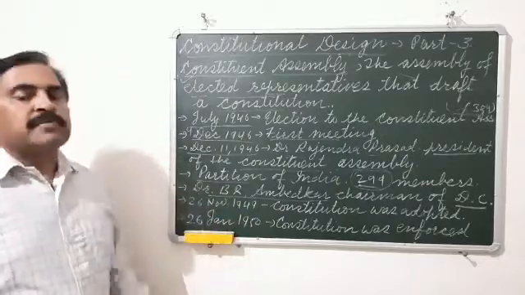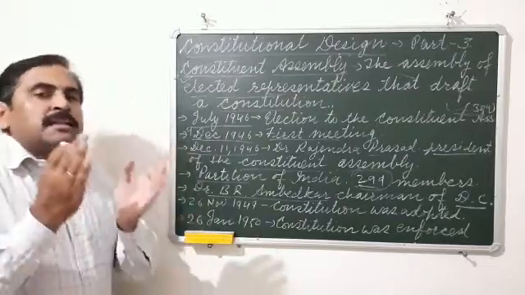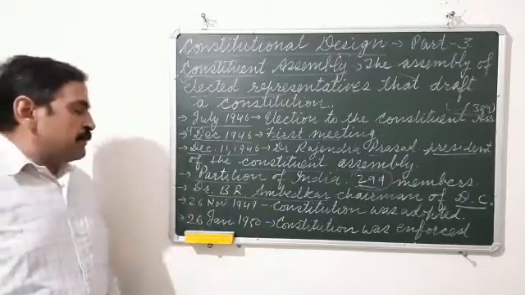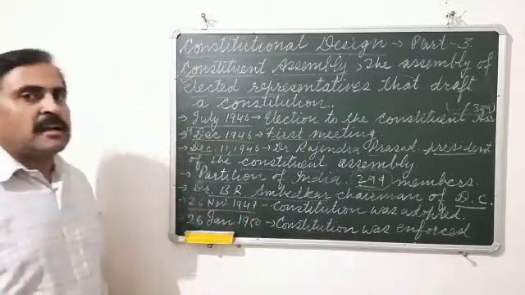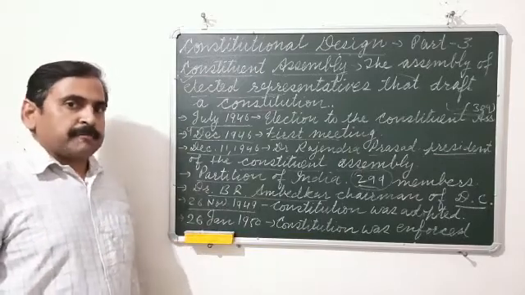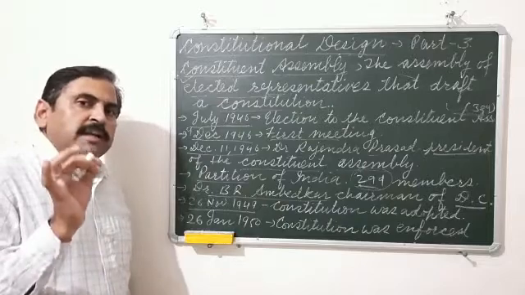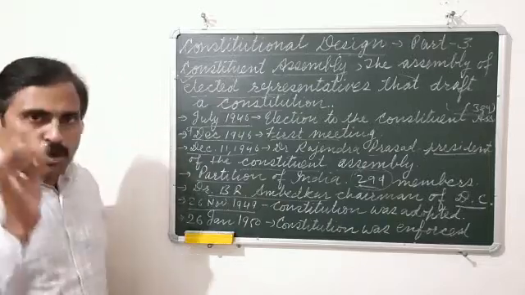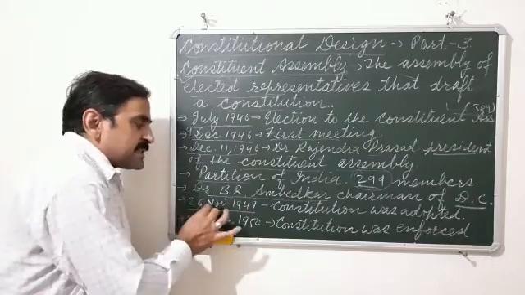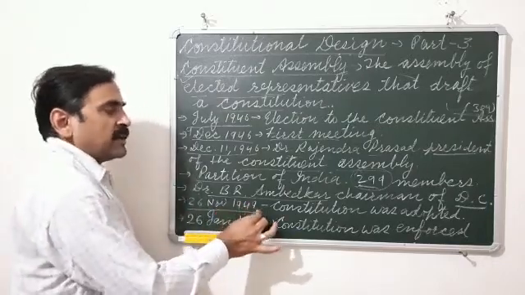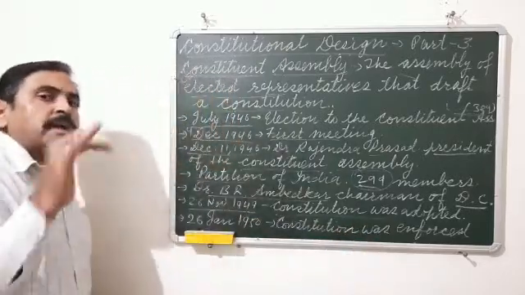And finally, the Constitution of India was completed and then it was adopted on 26 November 1949. Remember it. When was the Constitution of India adopted? The Constitution of India was adopted on 26 November 1949. But it was not enforced.